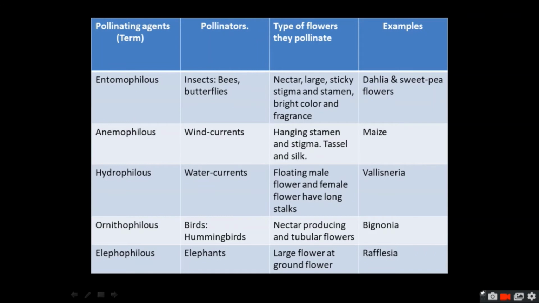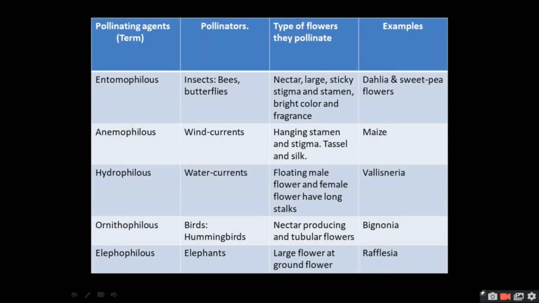The second type of pollinating agent is Anemophilous, and the pollinators are wind currents. Wind currents mainly favor the pollination of those flowers which have hanging stamen and hanging stigma. In these types of flowers, the hanging stamens have loosely attached anthers. With the help of wind currents, the anther gets detached and sticks to the stigma.